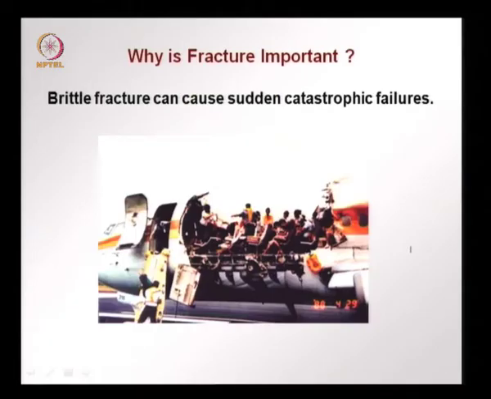Brittle fracture can cause sudden failure, as we see in this picture, where cracks occurred in the fuselage of this plane while it was in flight, and part of the fuselage just came off. Most of the people surprisingly survived because they had their seat belts on.